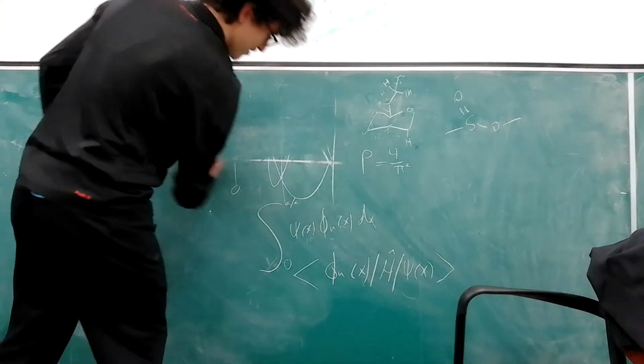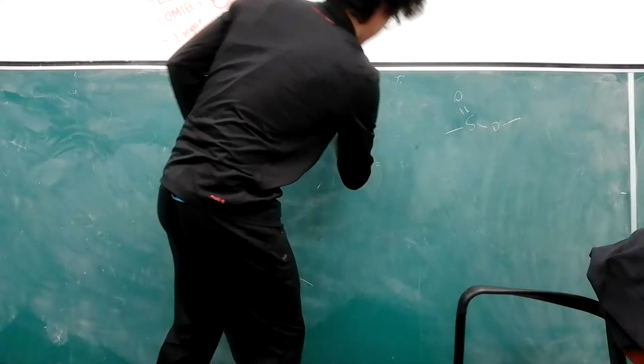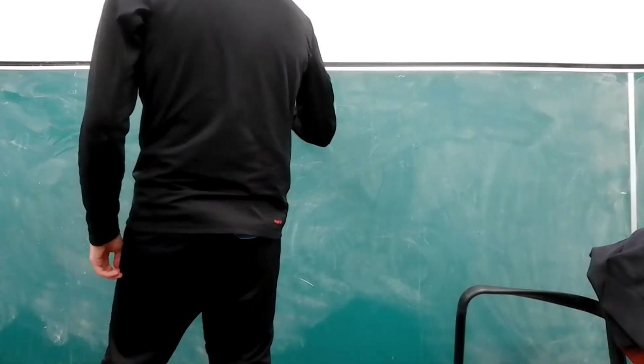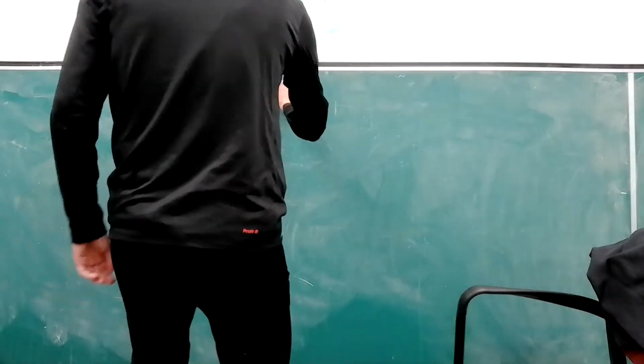Just remove this. How do we get position for the energy? So X is, I just need a quick look at it. Yeah, all right. So your first x of t in part A.